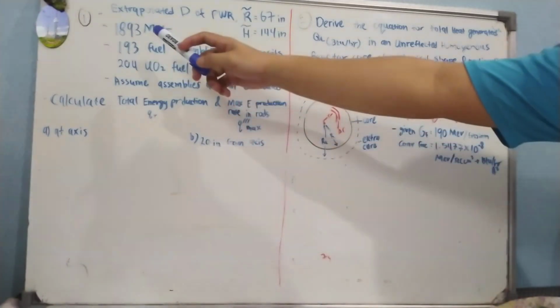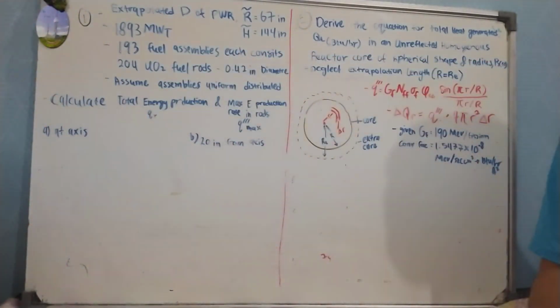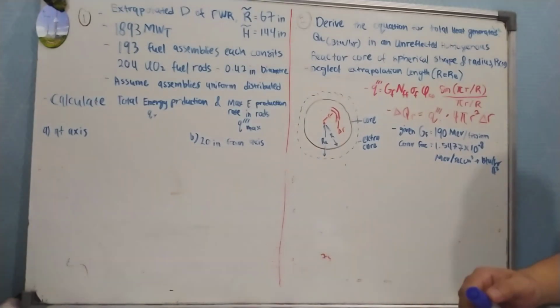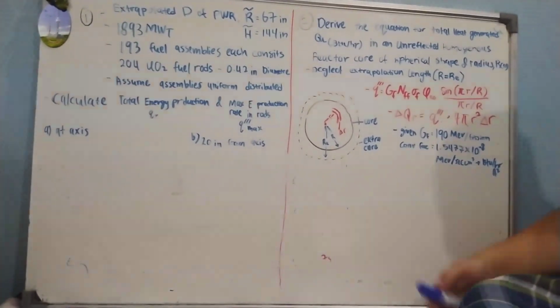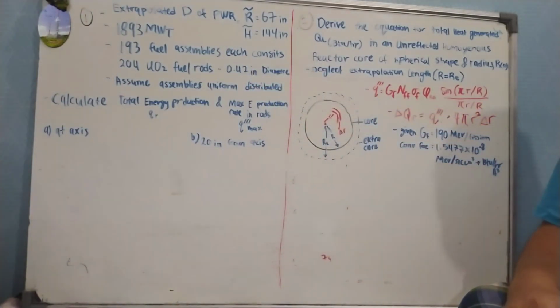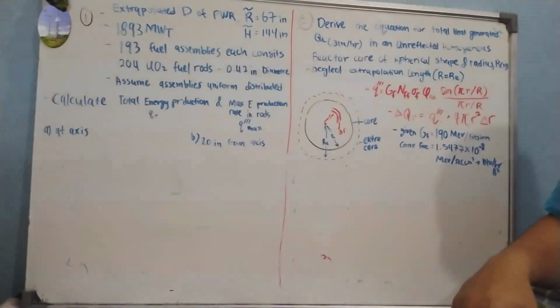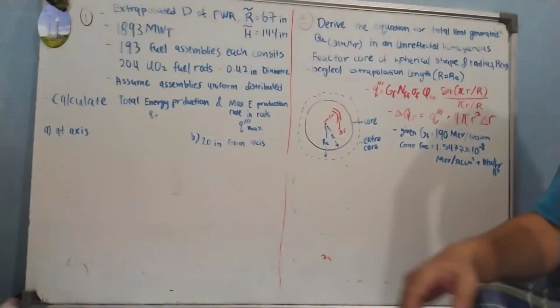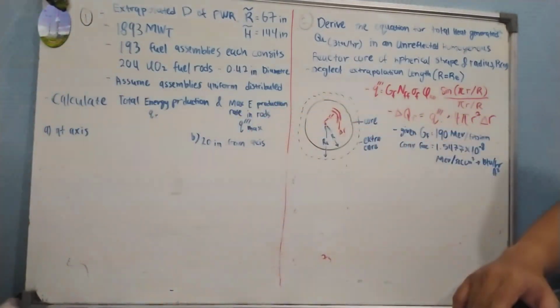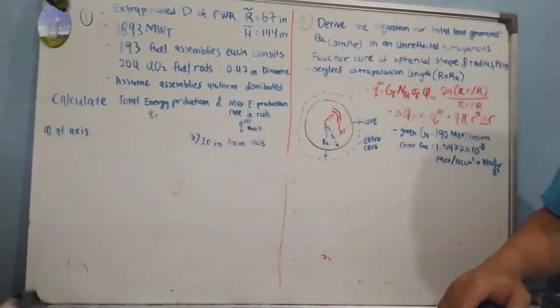Power is 1893 megawatt thermal, and it contains 190 fuel assemblies, each consisting of 204 uranium oxide fuel rods with a 0.42 inch diameter. Also assume the assemblies are uniformly distributed. So the question is to calculate the energy production QR and the maximum energy production rate in the rods.